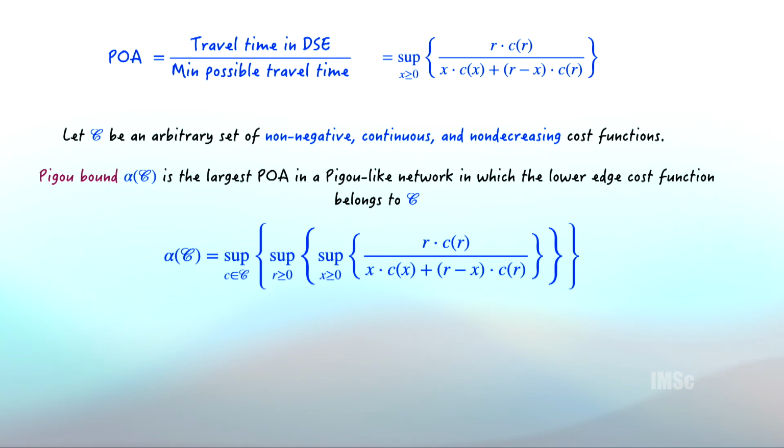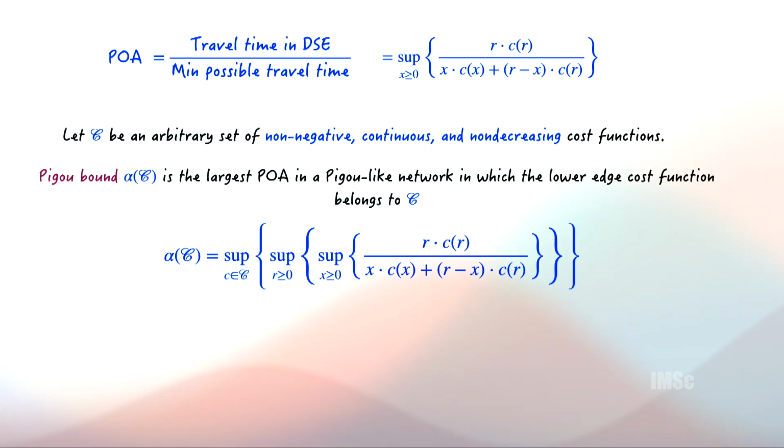For a Pigou like network of this kind, we are saying what is the worst possible cost function C you can plug here, volume of flow you can route here, and unit of flow you can split such that this value is maximum.